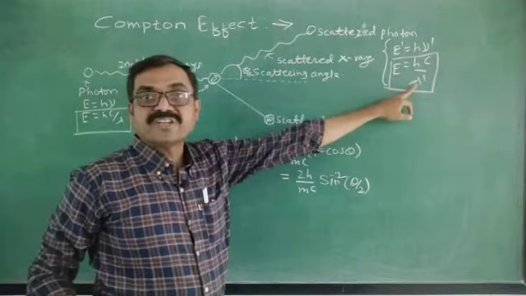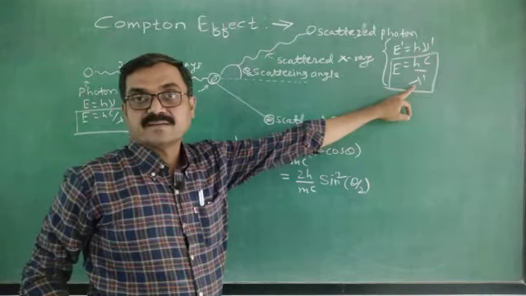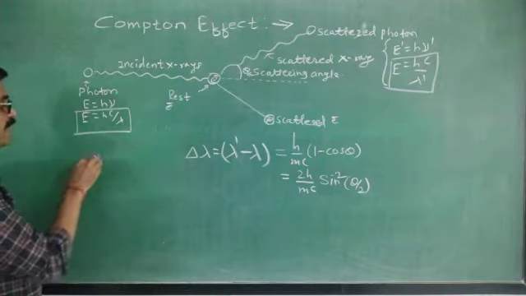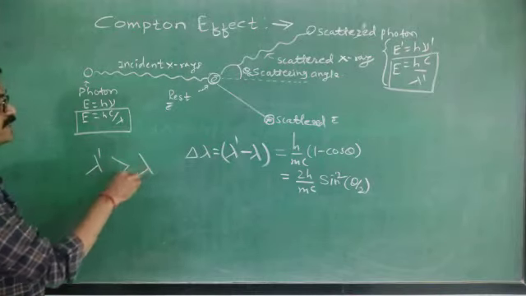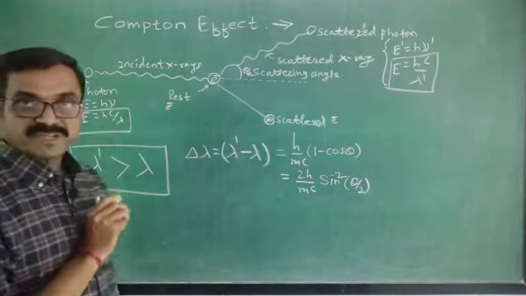That's why lambda dash is the wavelength of these scattered X-rays. Now according to Compton, this lambda dash is always greater than lambda, and this is called the Compton effect.